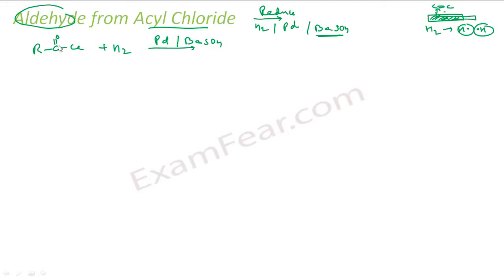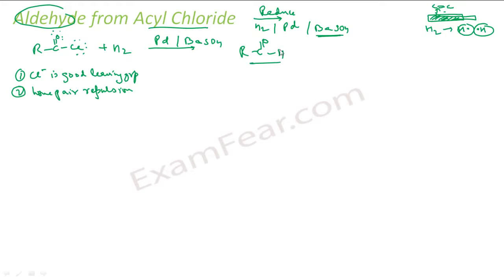One, Cl minus is a good leaving group. And the second, there is lone pair repulsion. The chlorine has lone pair, oxygen has lone pair. Because of lone pair repulsion between oxygen and chlorine, it is not that stable, right? So chlorine will leave and hydrogen will take its place. So you get this, and this is aldehyde. It's only for aldehyde, correct? So that is the mechanism, pretty easy mechanism.